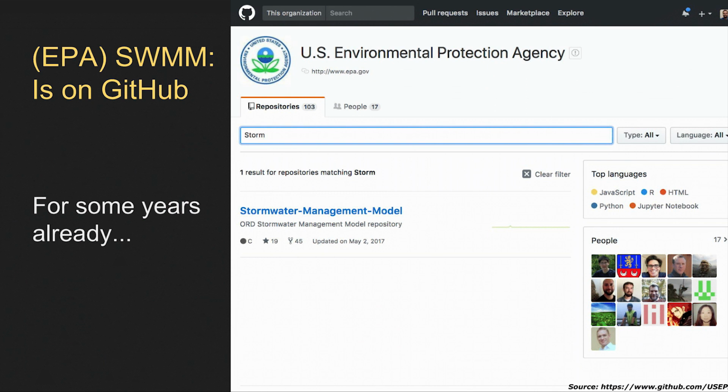Around 2 or 3 years ago, the EPA organization started publishing their software on GitHub, which allowed us to reach a broader community.